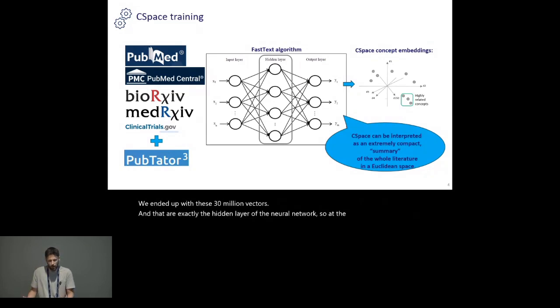So at the end, we discard the neural network, we retain only the hidden layer, and the hidden layer is exactly CSpace. We like to interpret CSpace as an extremely compact summary of the whole literature in an embedding space.